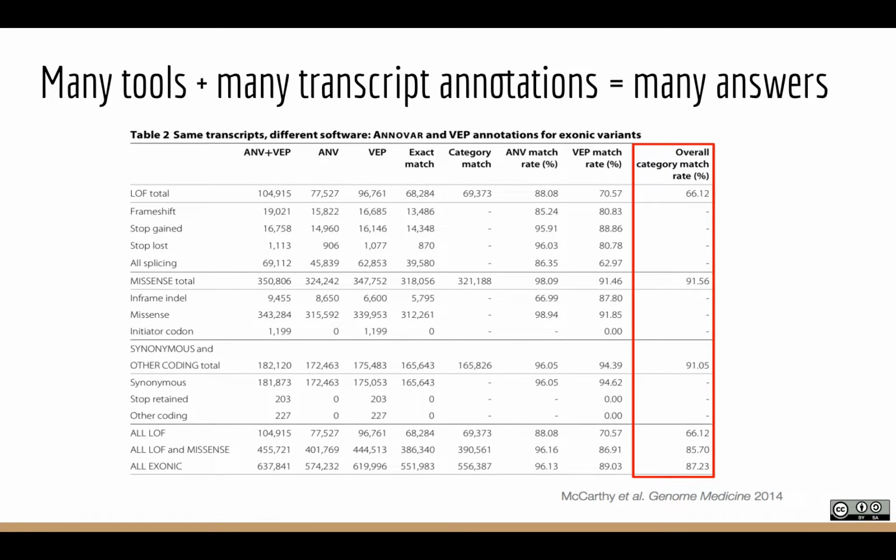So this leads to the depressing state of affairs. Things have gotten better since this paper was published, but this paper from Davis McCarthy in 2014 made kind of a big splash and made people really sad for a while, because what it looks at is the predictions made by these two tools, ANNOVAR and VEP, or the two combined, and asks how often, given the same input, the same VCF file, everything, their predictions match.